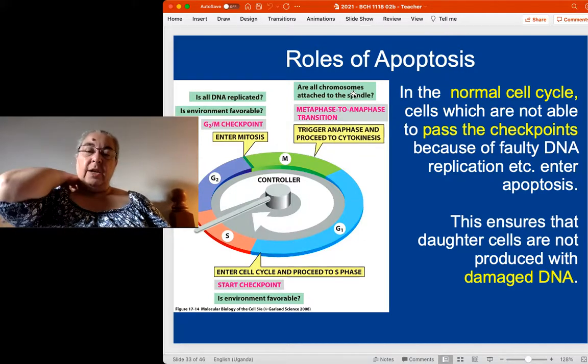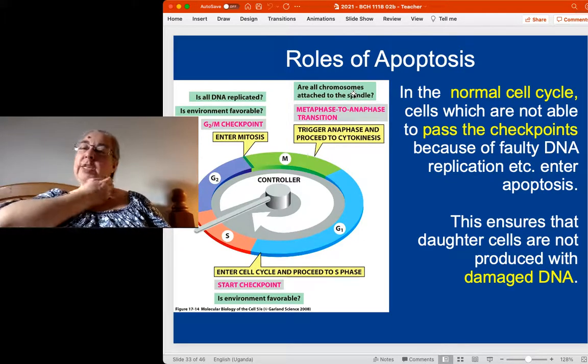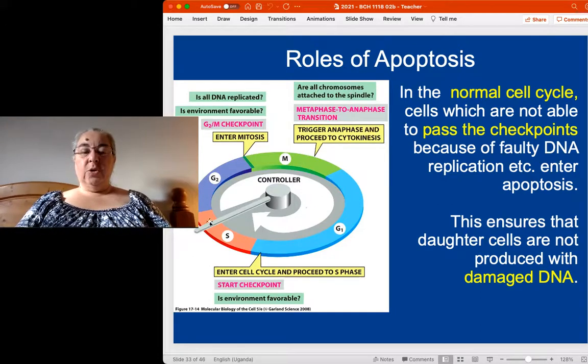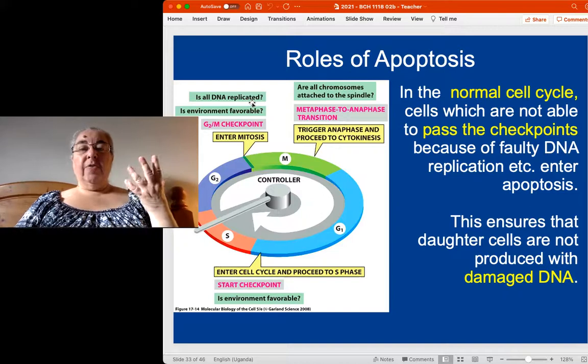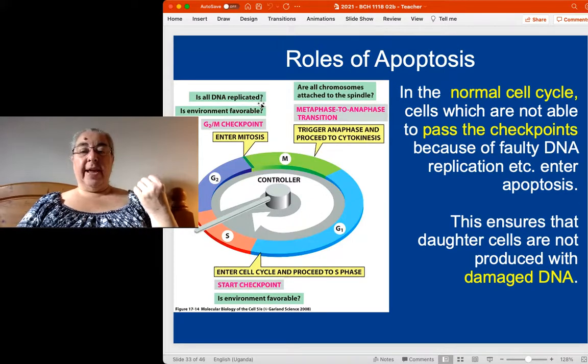Well, we saw that the cell can pause and try to put right whatever was wrong, but it's also possible that the thing that's wrong is so bad that the cell can't put it right. So for instance, if the DNA has been replicated, but something has gone wrong, so the DNA has been replicated twice. So if there is too much DNA, the cell can't then easily get rid of the extra.